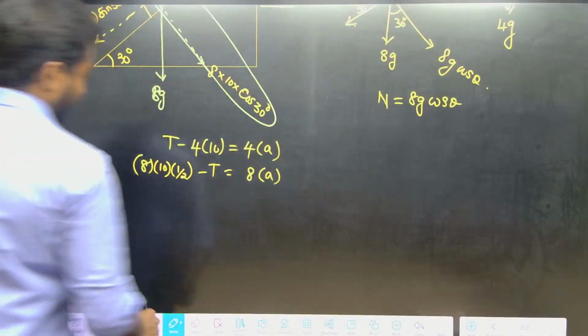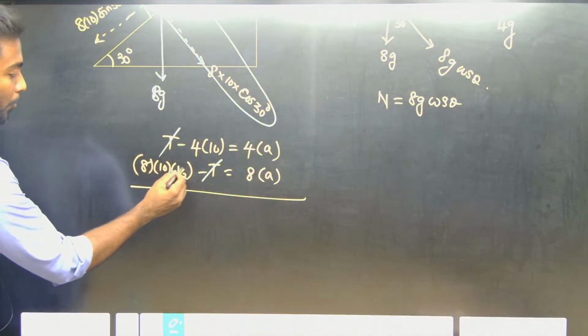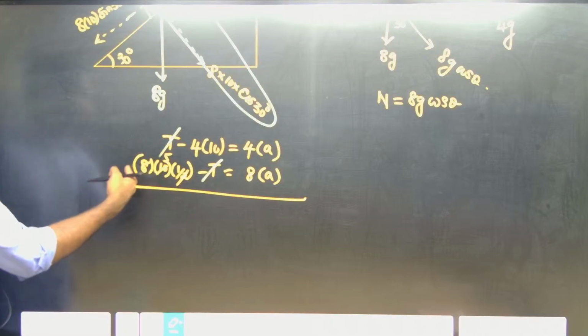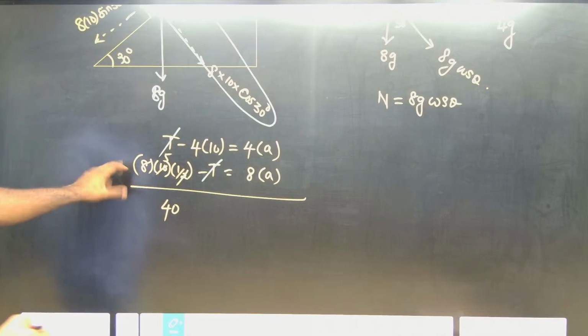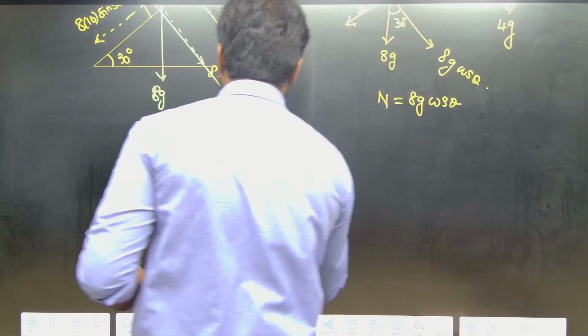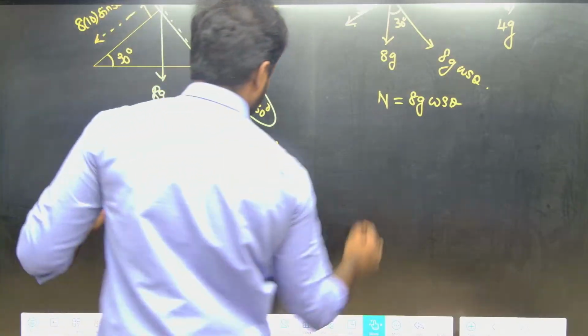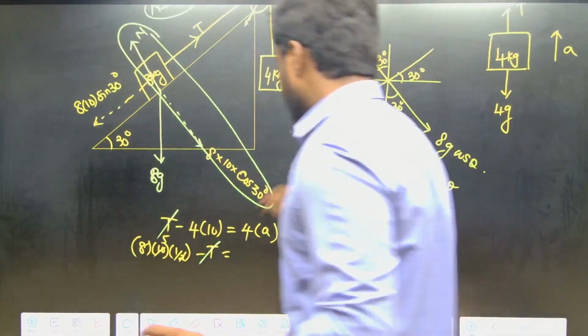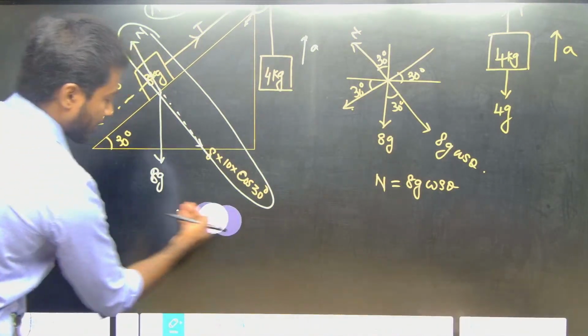If I add everything, what happens? Minus T plus T will get cancelled off, and this is 5 times, 8 fives are 40. Sorry, this one, acceleration I need to write here also.